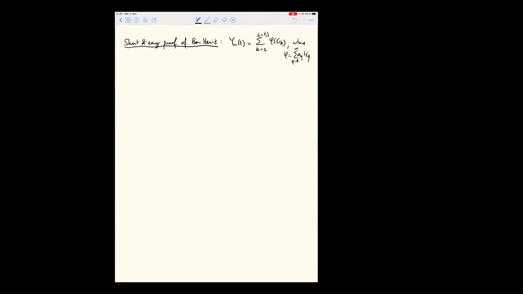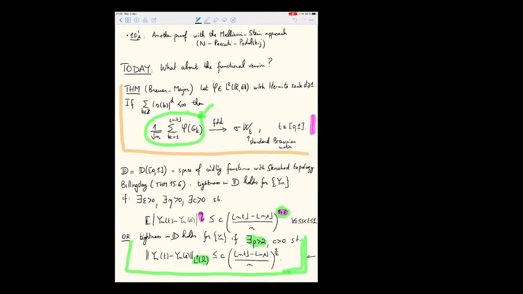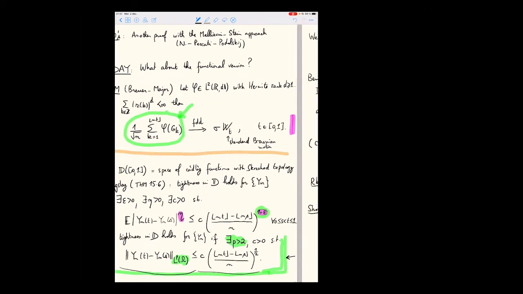And then we will go back, because I will show you the condition we get by this short proof. So you remember this was my Billingsley statement here, that if I want to check the tightness in D, I have to consider this quantity here and bound it by something like this. Okay, so let me do this.